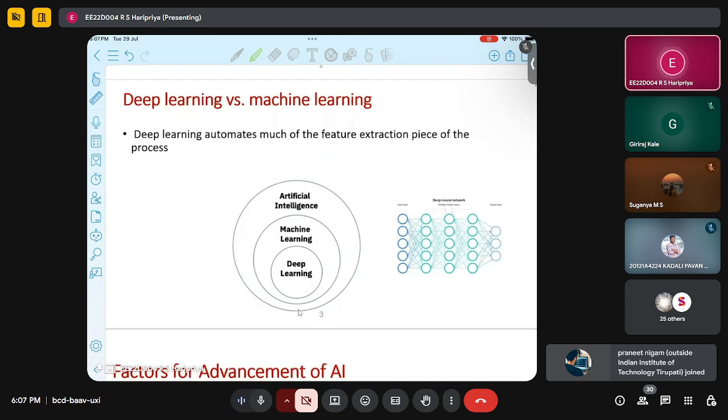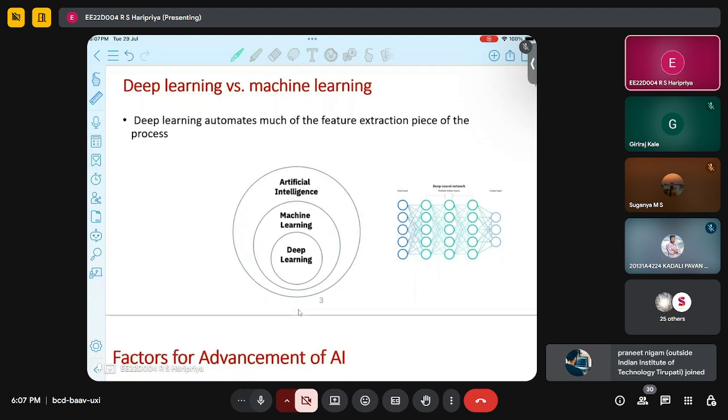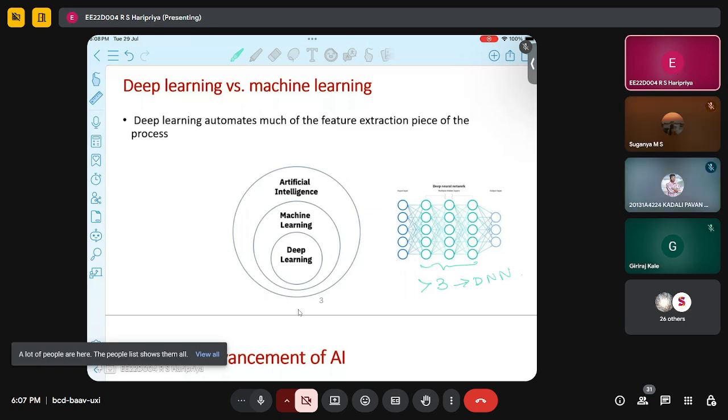So, deep learning versus machine learning. What is deep learning? Any network which has more than 3 hidden layers or 3 neural layers, we call a deep neural network.